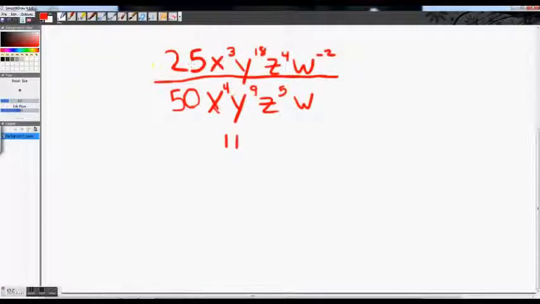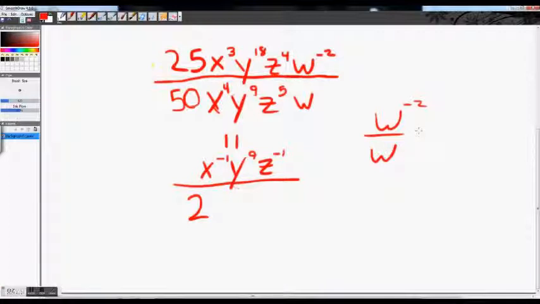Now first divide 25 by 50 and we'll have 1/2. So we're going to put a 1 in the numerator and a 2 in the denominator. X cubed over x to the 4th: we'll subtract 4 from 3 and we'll get x to the negative 1st. Then y to the 18th over y to the 9th, we'll get y to the 9th. Z to the fourth over z to the fifth, z to the negative first, and w to the negative second over w.